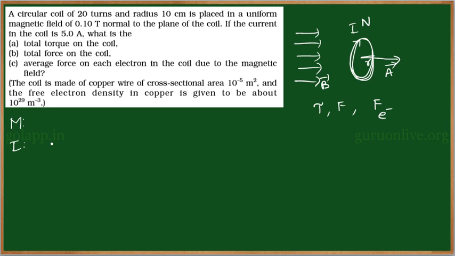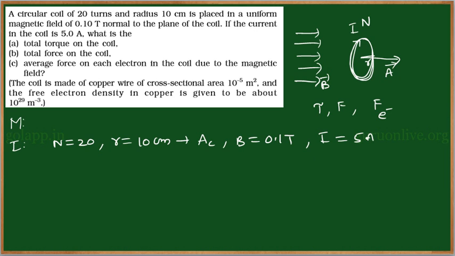The circular coil has 20 turns, so capital N is equal to 20 turns, and the radius R is equal to 10 centimeters. Using this, I can find the area of the coil, which can be considered as the area vector magnitude. The uniform magnetic field B is equal to 0.1 Tesla, and the current flowing in the coil I is equal to 5 amperes.